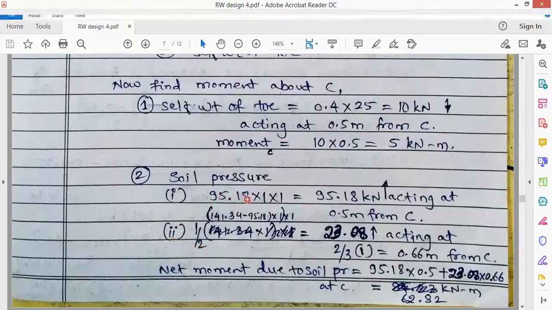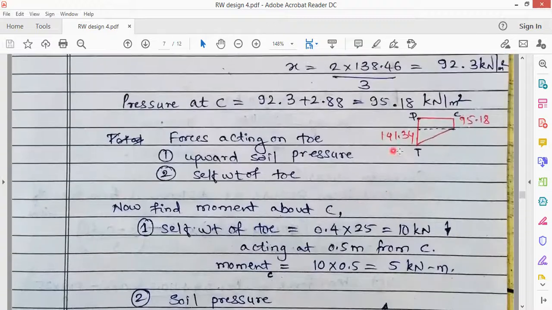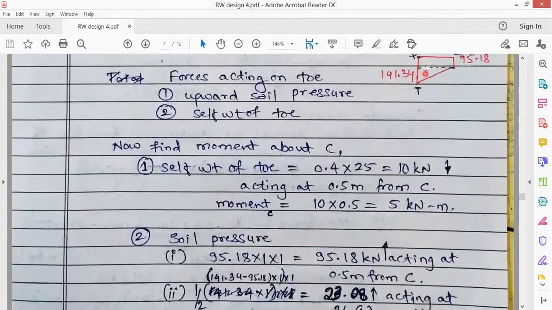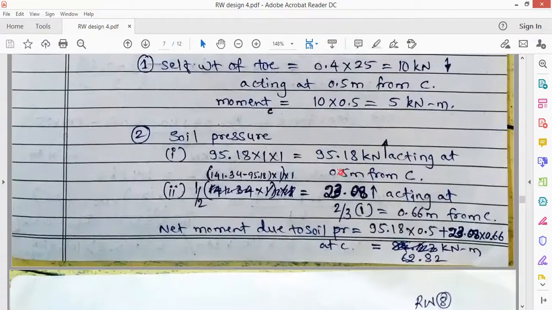So this will be 95.18 into 1, that will be again 95.18, acting in upward direction. The soil pressure is acting in upward direction. And where it is acting, as it is a rectangular portion, it is acting exactly at the center, means again it is at the 0.5 meter from C.